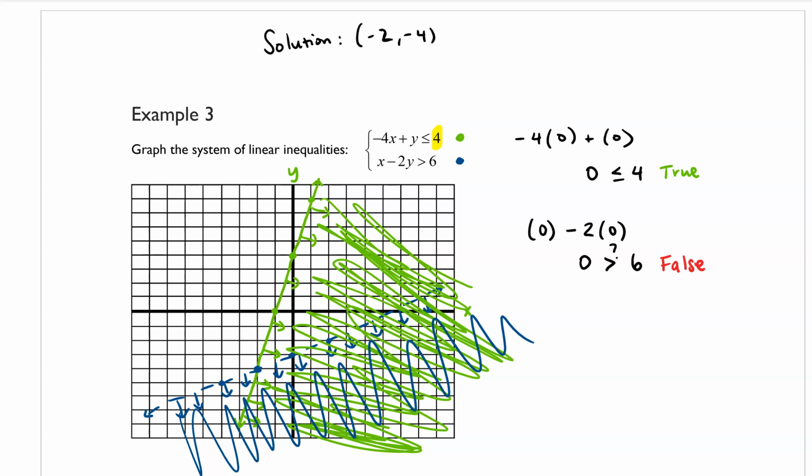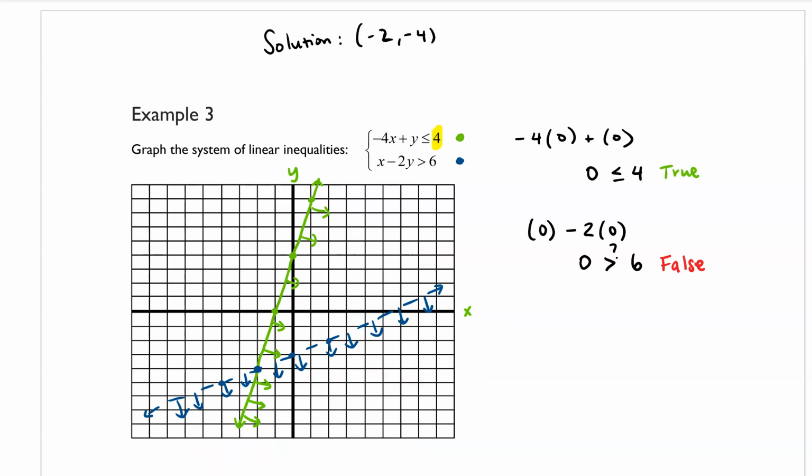So I'm going to go ahead and undo those 2 shadings, but hopefully you saw where the 2 colors overlapped. Now I'm going to use my highlighter to highlight the region. So that's going to be everything here. What I'm highlighting in yellow, everything there, is our solution region.